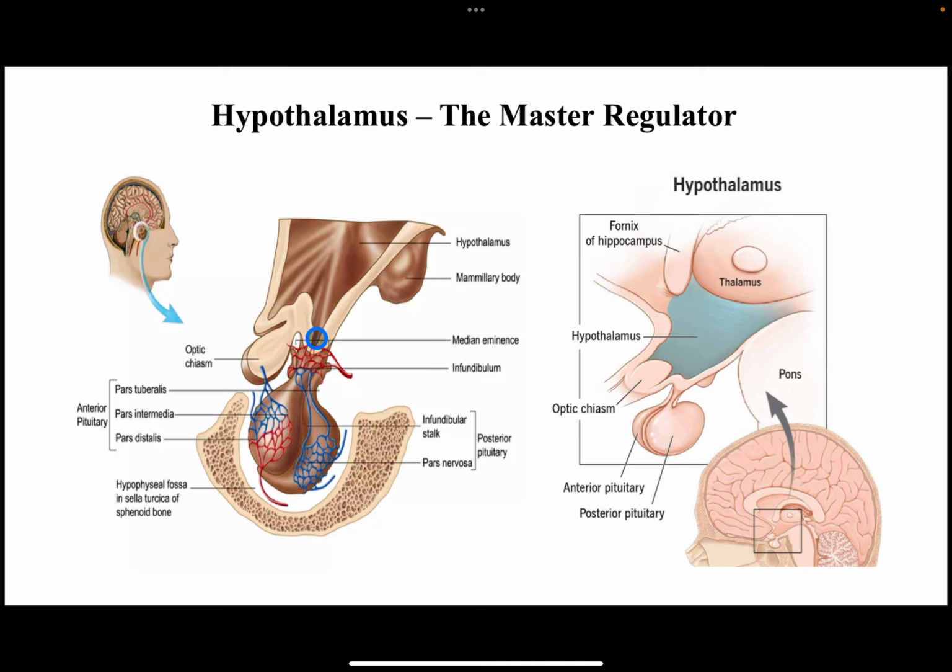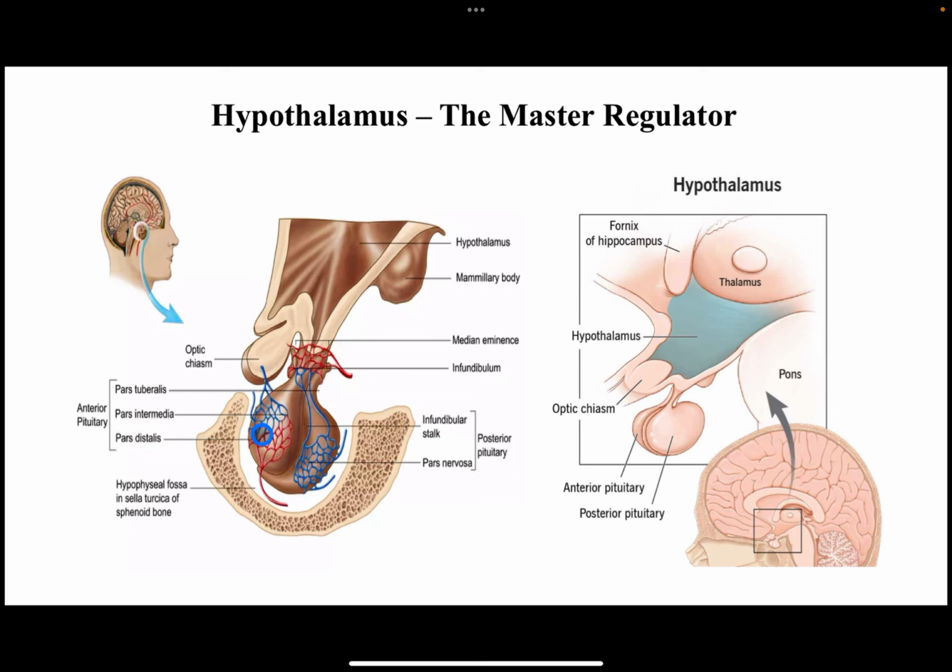We are saying that the hypothalamus connects to the anterior pituitary using blood vessels, and that is why we say it is the adenohypophyseal system. When we start looking at the pituitary gland, this anterior pituitary we also call the adenohypophysis, and the posterior pituitary we also call the neurohypophysis.